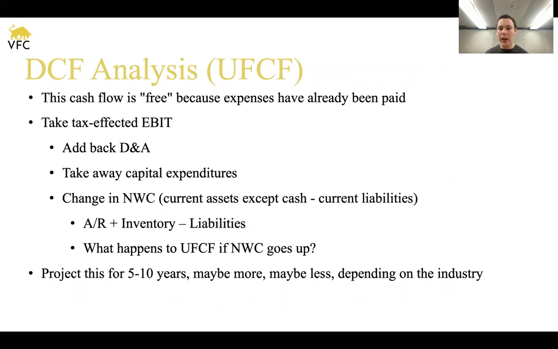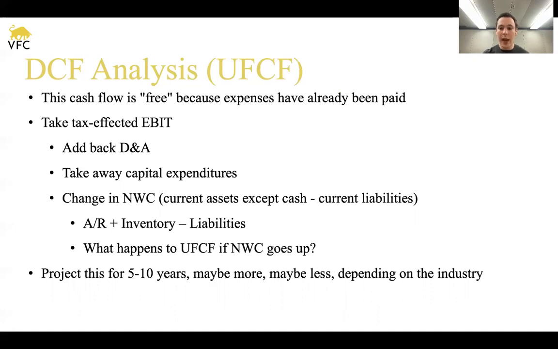So after you calculate WACC, you're going to want to calculate and project out unlevered free cash flow. You can make this calculation more complex and accurate, as many things in finance, but this is still a good way to approach it that gets you most of the way there and is pretty simple. So the main idea is that you start with tax-affected EBIT, which is also called EBI or NOPAT, and adjust for cash inflows and outflows that aren't accounted for on the income statement.